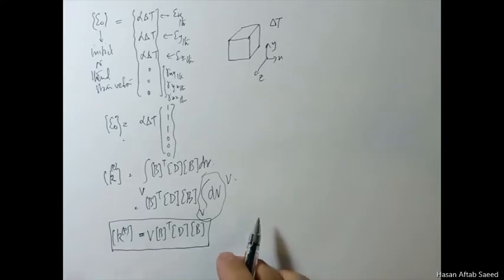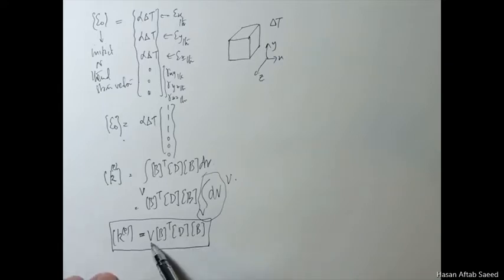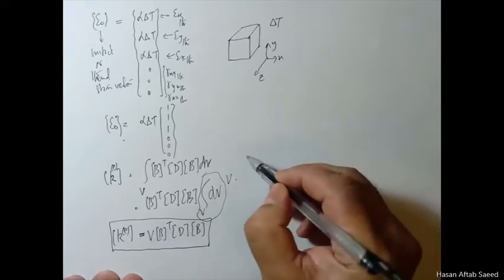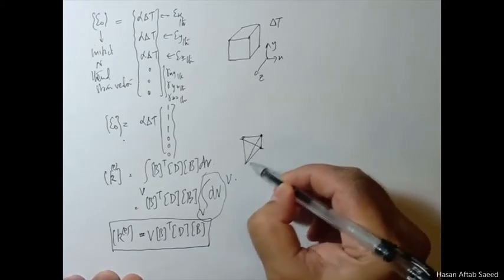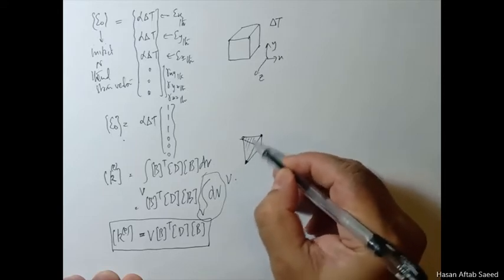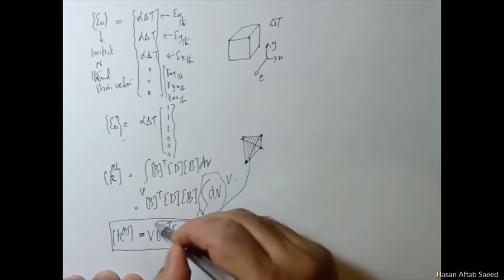this. Now you should verify for yourself what the size of this should be, because we will know the volume of each element. For example, if this sort of an element is there, talking about a 4 node simplex element, this whole volume will be this.